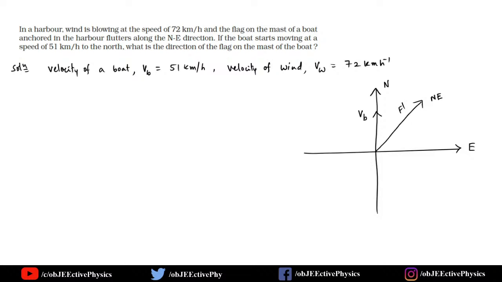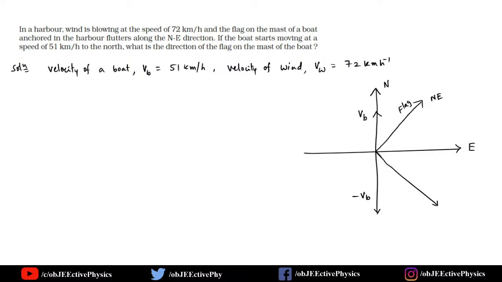Flag on the mast of a boat. When the boat starts moving, definitely this flag flutters in the direction opposite to the direction of motion of the boat. Now we should find the relative velocity.